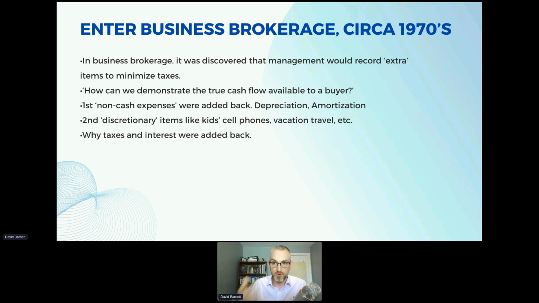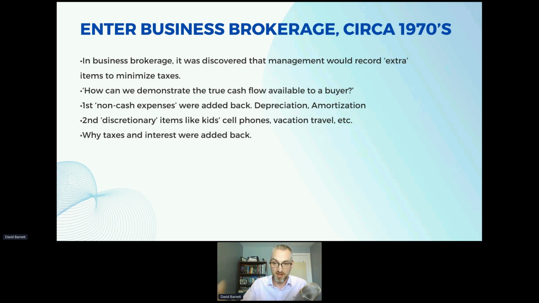When business brokerage was developing as an industry, people recognized that the owners of these small businesses often would do these extra things to try to minimize taxes. And in a way, what they were doing was underselling the profitability of the company to minimize taxes.